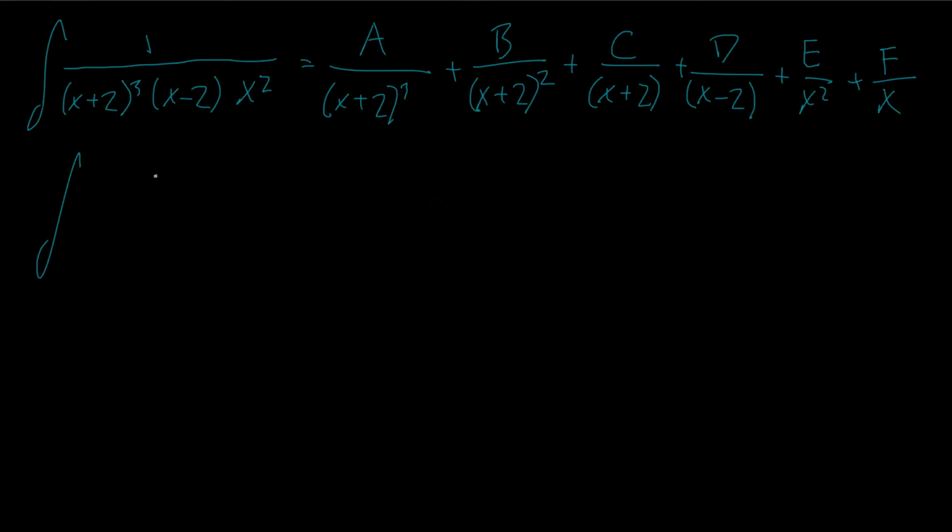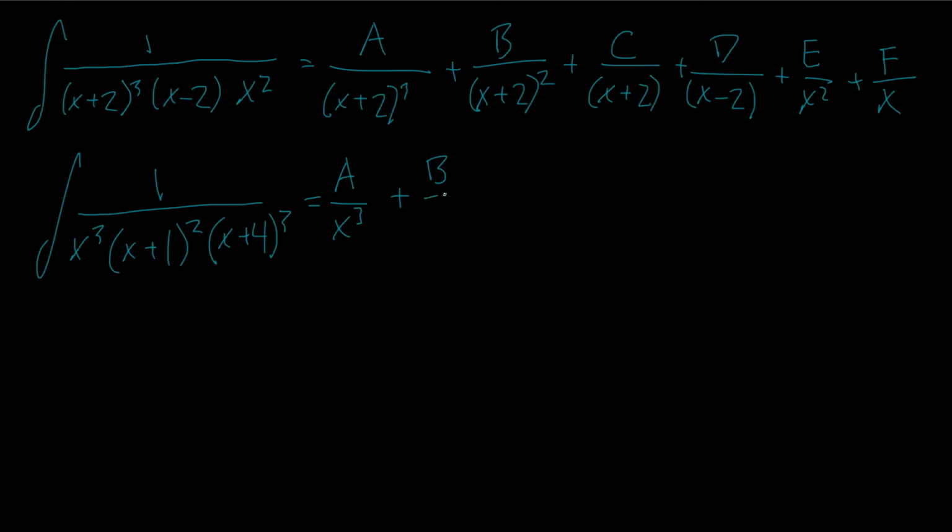Let's just do one more example, and I'm not going to solve these, I'm just going to show you. So maybe we have an x cubed and an x plus 1 squared and an x plus 4 cubed. I'd start with the first one, so we'd have a over x cubed, and because it is not as simple as possible, I have to break off a factor.